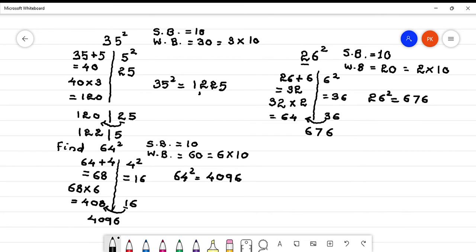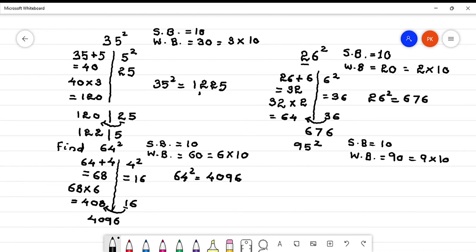Okay, try to find out 95 square in a similar way. Yes, tell me what will be the standard base in this case. What is the standard base? It is 10, isn't it? Working base, since the tens place is 9, working base is 90, and 90 is what? 9 times 10.